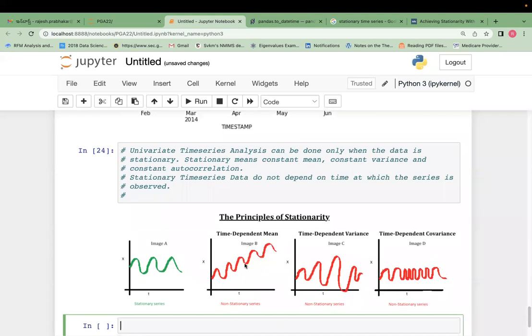That means time is playing a role on this data: time dependent mean, time dependent variance. This is non-stationary data, the red one. The green one is a stationary time series, where time does not have an impact. So the principle of stationarity is very, very important.